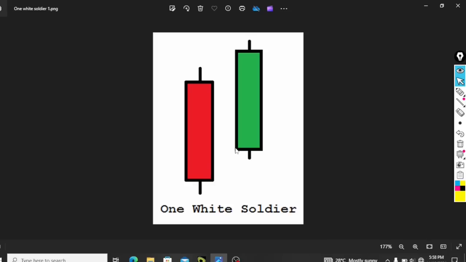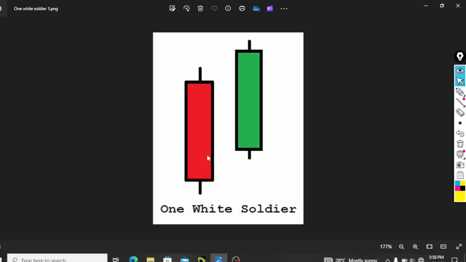There's a gap up, and then it begins to move up, and at the end of the day it closes above the open of the previous day's candle. This will clearly indicate to you that it is one white soldier that you are dealing with, and it is a very bullish phenomenon.